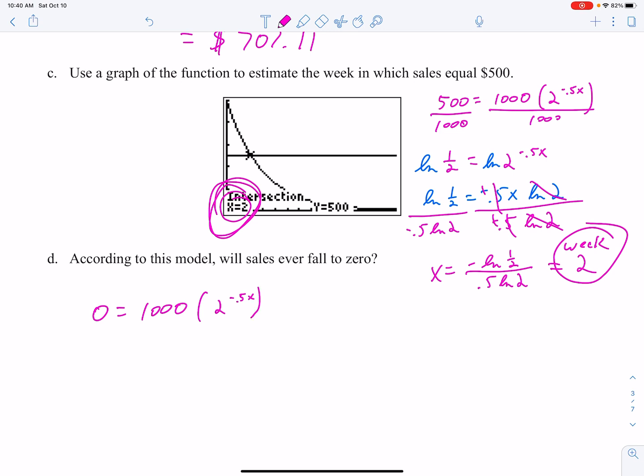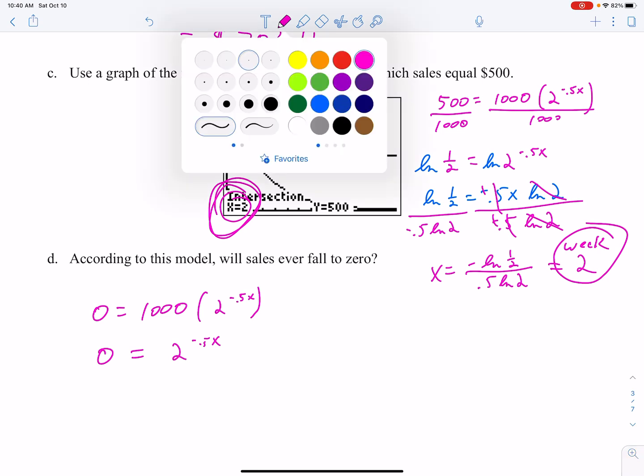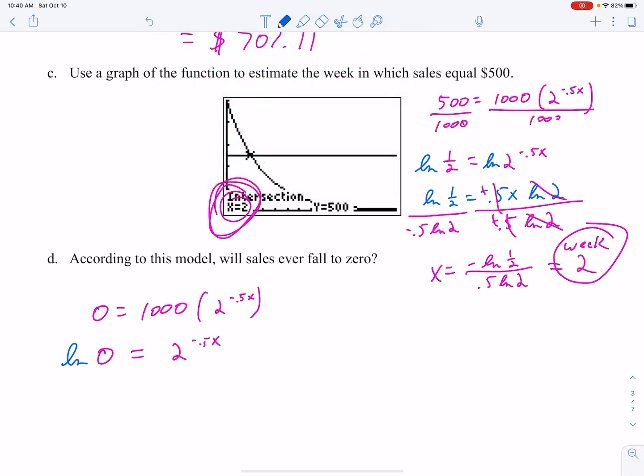There we go. Again, very similar to what we did before in part C. We're going to divide out the 1,000. Well, 0 divided by 1,000 is still 0. 0 equals 2 to the negative 0.5x. Again, we're going to natural log both sides, but here's the problem.